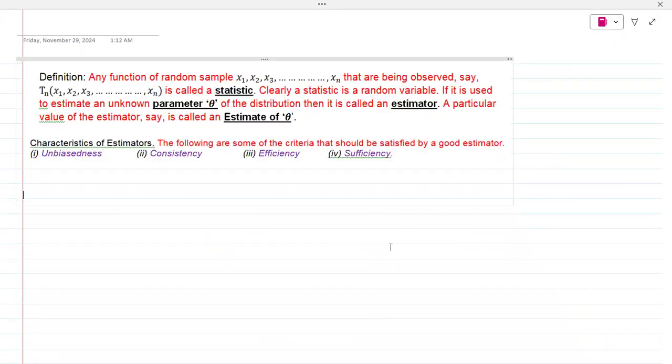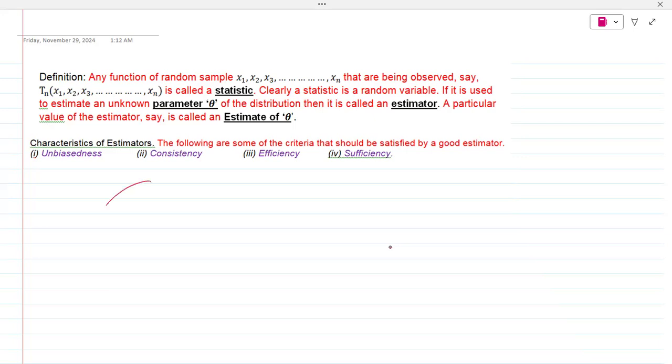Now this whole concept of estimation is about estimating the unknown parameters. I repeat, this whole concept of estimation is about estimating the unknown parameters.